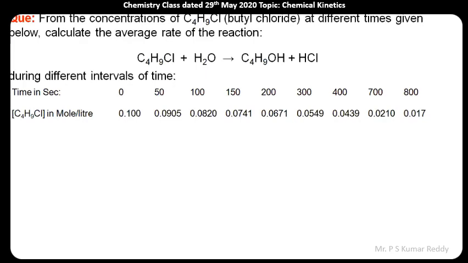They have given you the equation there: C4H9Cl plus H2O gives rise to C4H9OH plus HCl. Please take down the table also.